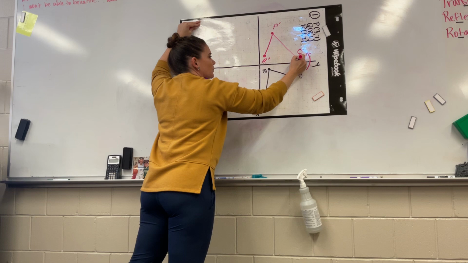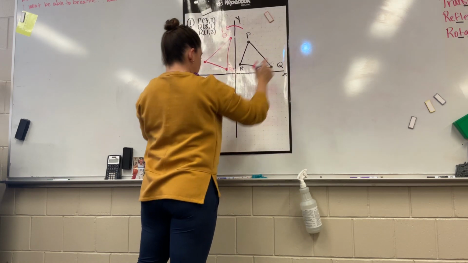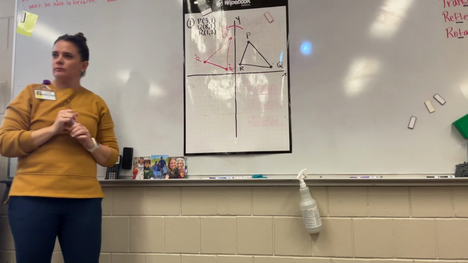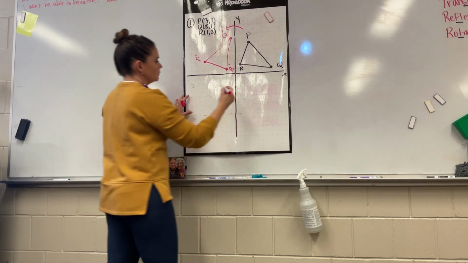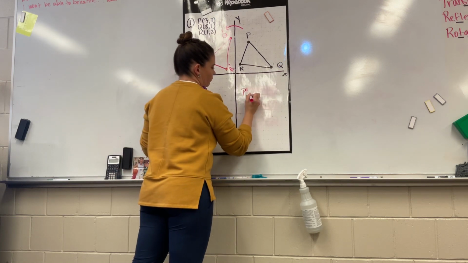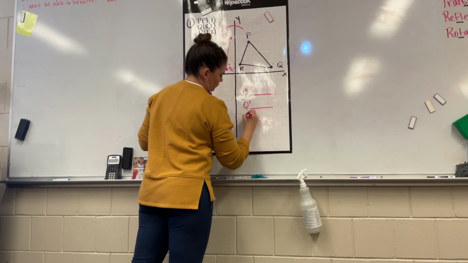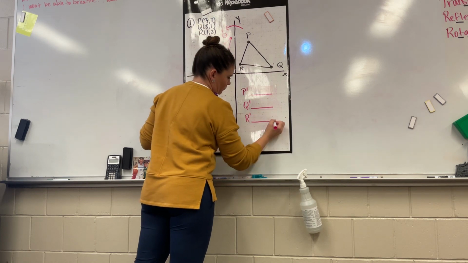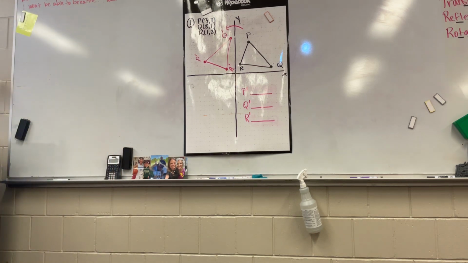So I'm going to make it my triangle, and then I'm going to turn my paper back to normal. Okay, can you see how our shape stayed the same, it just turned?